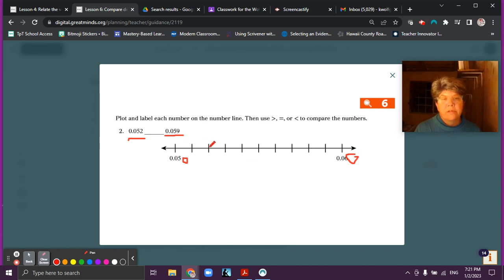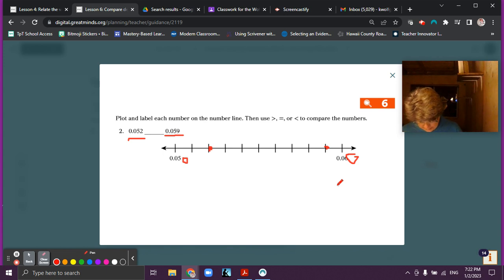So 52 thousandths would be here, and 59 thousandths would be here, right? So we can look at both of them on the number line, and we can see that our 52 thousandths is smaller than our 59 thousandths, right? And we can count by thousandths from 50 thousandths to 60 thousandths going up.